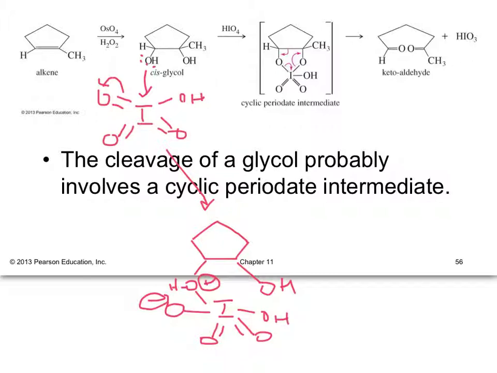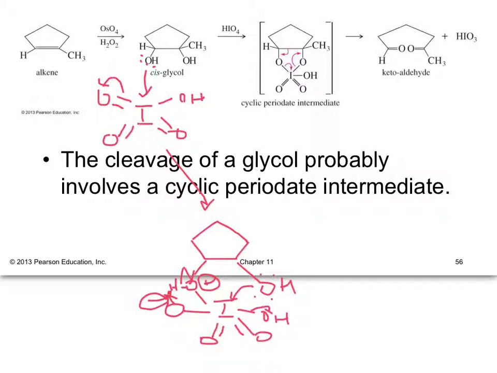So now you have this. You're going to have, I guess, these electrons pluck off that proton, neutralize the charge, and now your other electrons from this oxygen come here.